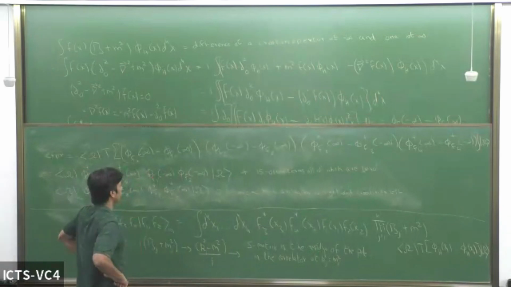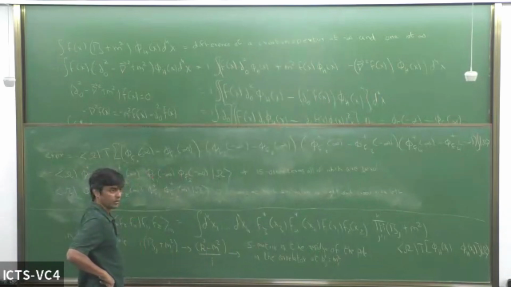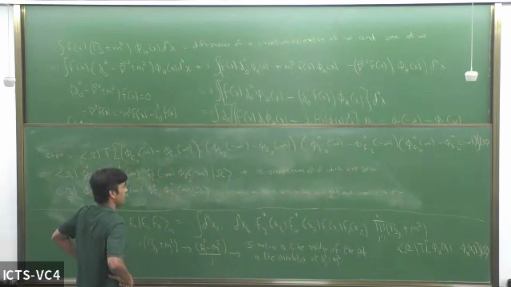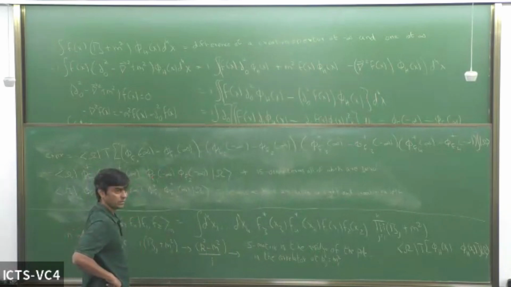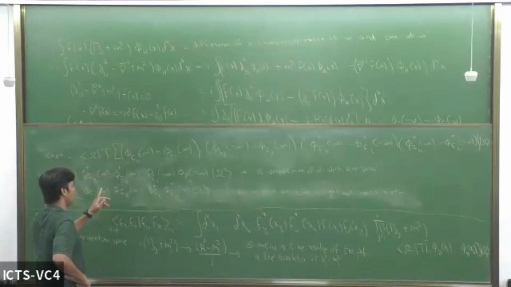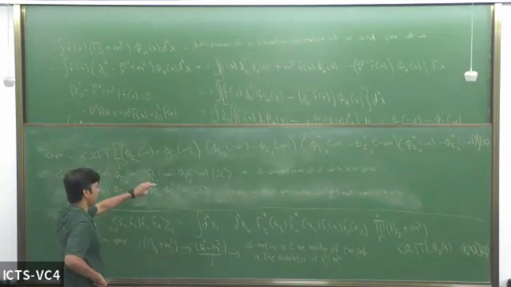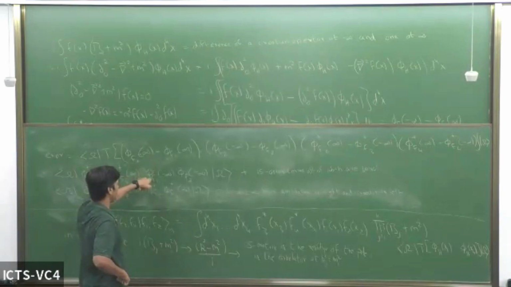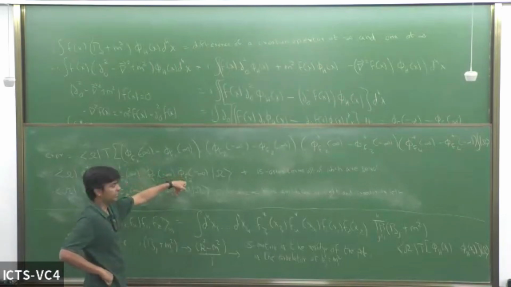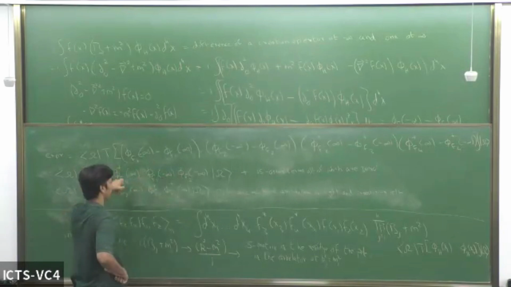Which 4 terms? Where are the 4 terms? So before taking time ordering, I have to have one term, the one which you wrote. And then another term in which I can just take the time order. No, that's not a separate term. There's only one. This term is decided by the fact that I pick the annihilation operator or this creation operator at minus infinity, this at minus infinity, this at plus infinity, this at plus infinity.